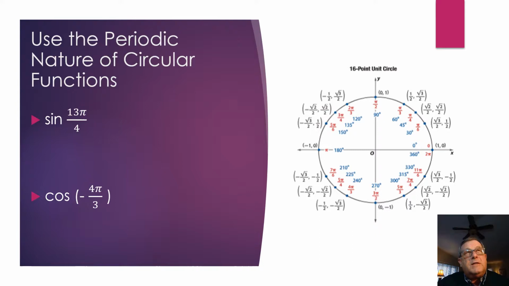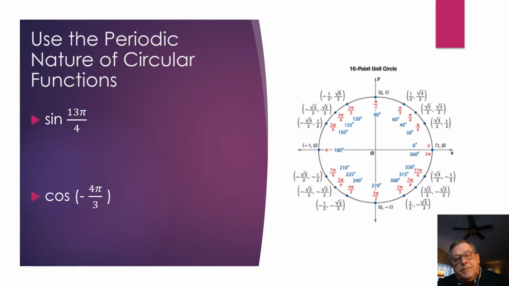First off, I see 13 pi over 4 in particular, so I know my basic starting point from the unit circle is that cosine is going to be square root of 2 over 2 and sine is going to be square root of 2 over 2. I'm just not sure which one is positive or negative, depending on what quadrant we end up in.